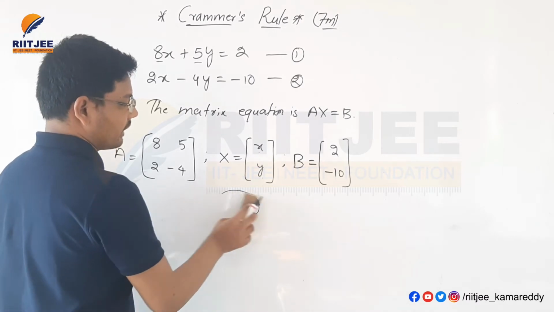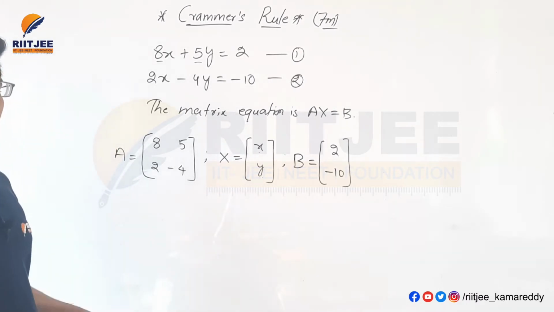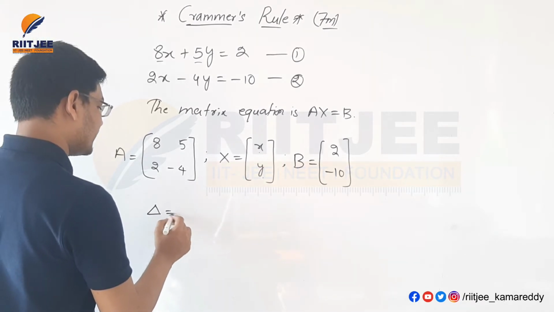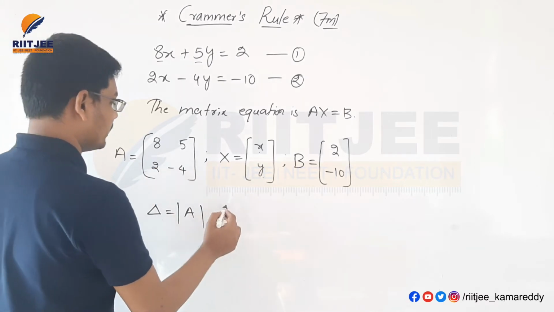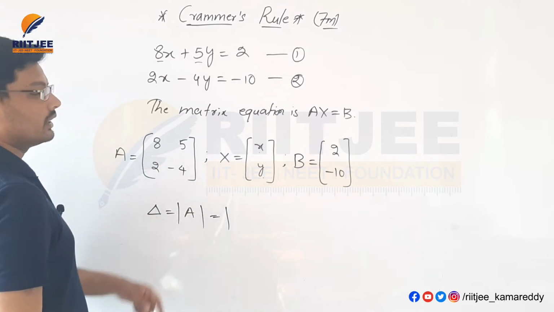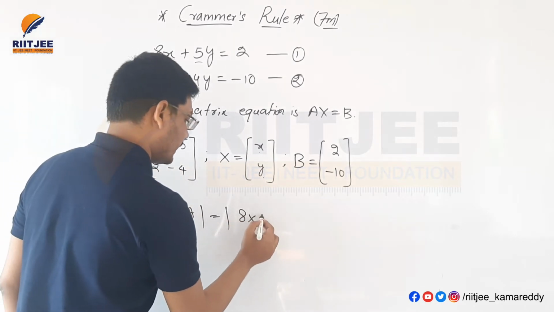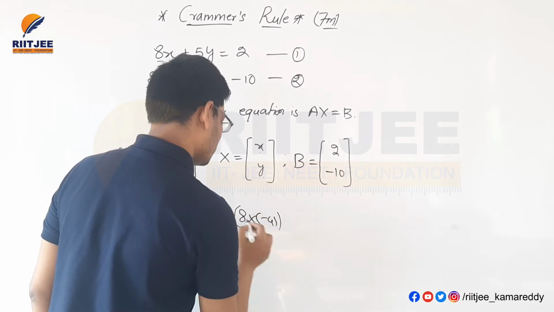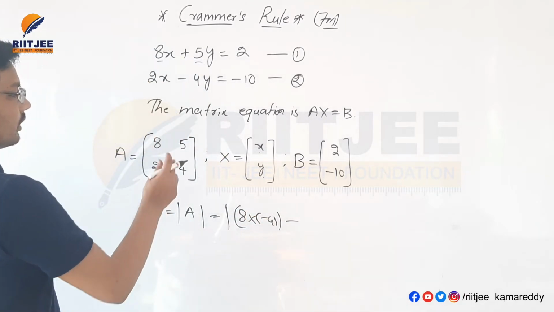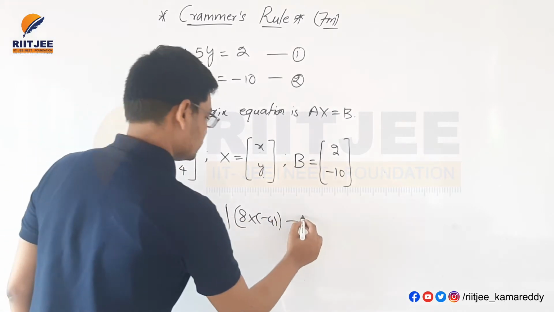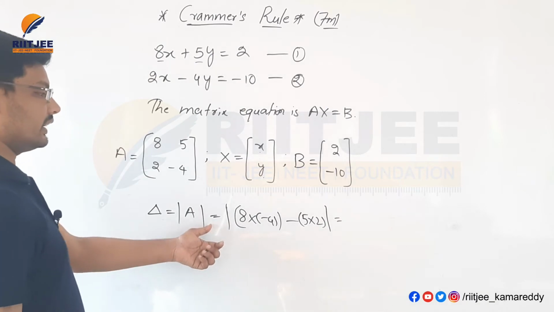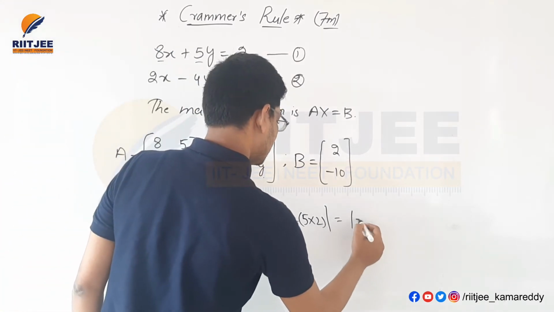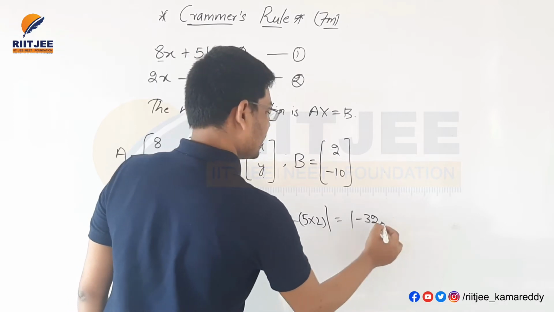To find the x and y values, we need to find delta, delta 1 and delta 2. Delta is nothing but the modulus of A. The determinant is 8 into minus 4, that is minus 32, minus 5 into 2, that is 10.